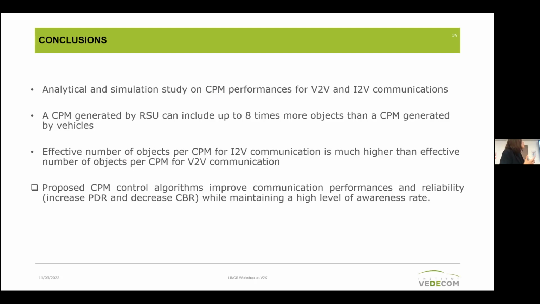The effective number of objects per CPM for I2V increases linearly with the number of perceived objects, but for V2V it can be only 1: whereas it can detect 10 objects, only 1 is effective. And we made some CPM control algorithms, and performance was good.